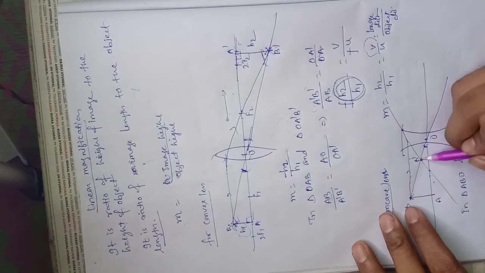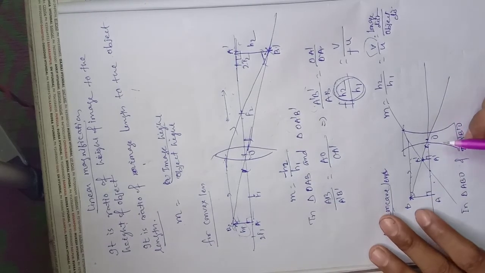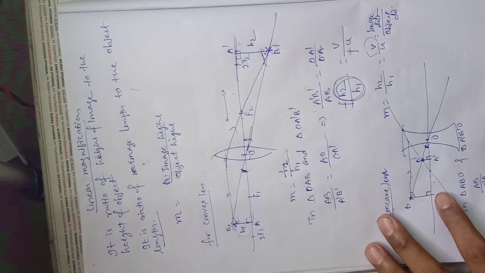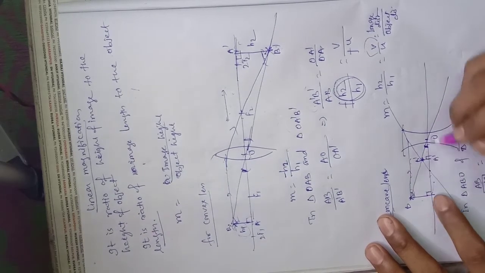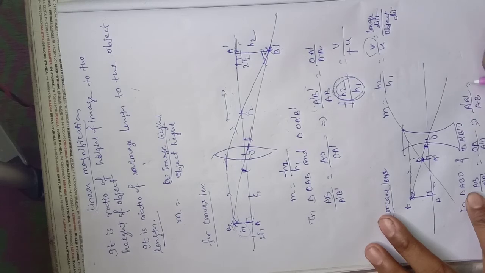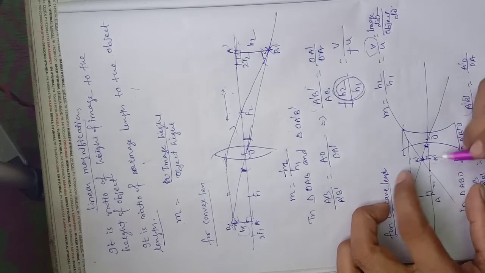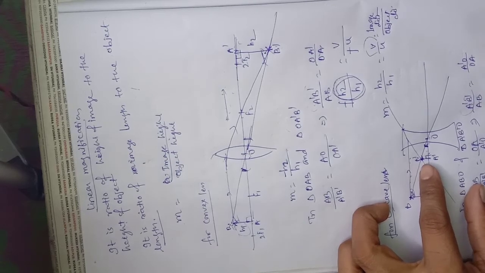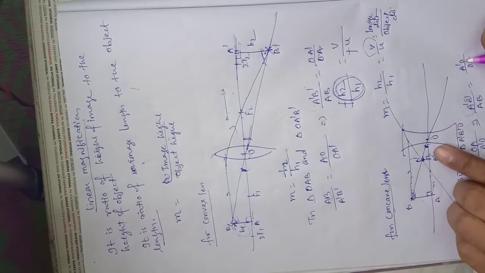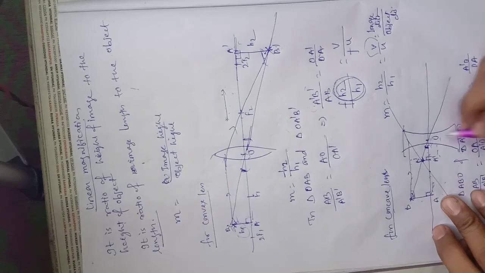This angle is common and there is a 90 degree angle in each, so the third angle is automatically equal. Since the two triangles are similar, the corresponding side ratios are the same. You can write A dash B dash over AB equals A dash O over OA. The image height is positive because it is upright above the principal axis; call it HI. The object height is also upright, so positive: HO. The image distance is opposite to the incident ray, so it is negative, minus v, and the object distance is also negative, minus u.